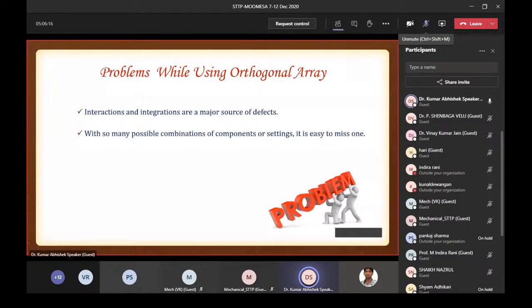The limitation is that it only interprets the main effect of the factor, or in other words, you cannot find the interaction effect. As we saw in the full factorial 2 to the power k design, where we found the interaction effect, here we cannot find the interaction effect. Okay, it only gives the main effect plot, and you can say that it is convenient to determine the main effect of the factor.